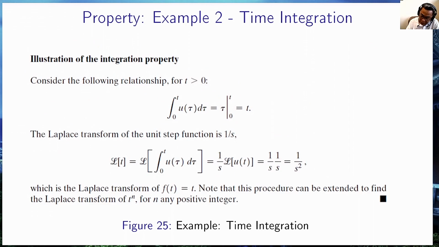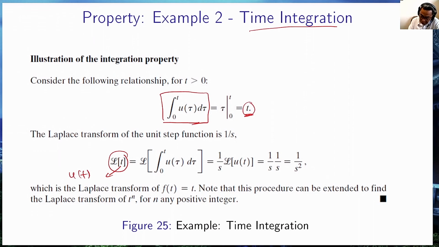We will now use the time integration property to find the Laplace transform of t. In fact, you will realize that the differentiation of t is the unit step. So we are actually performing the integration of the unit step to get t, right? We are using the fundamental theorem of calculus to get this result.